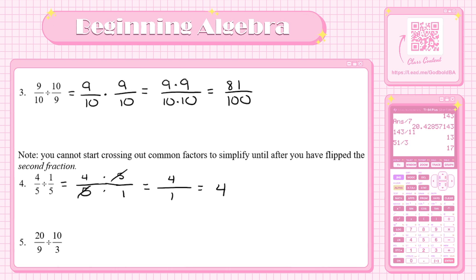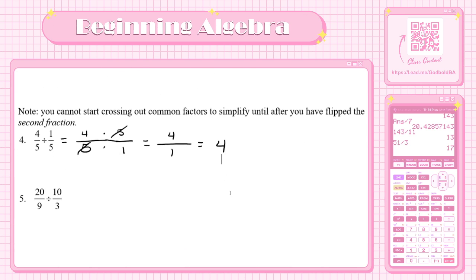Or if the answer would have been 1/4, they'll just write 4. So it gets really confusing. I recommend getting used to leaving that 1 behind, remembering what happens when there's just a 1 in the numerator or a 1 in the denominator, so you don't make mistakes. Once you get really good at it, you can start cutting corners, but try not to until you feel really good at it.